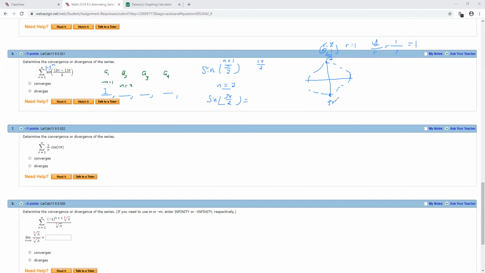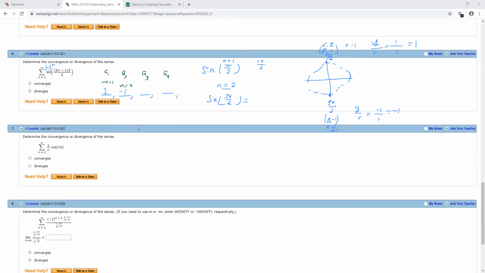Or you can put it in your calculator. This point is 0, -1, x comma y. So sine is y over r again. R is 1. What's y at this angle position, 3 pi over 2? What's this y value right here? -1. So -1 over 1 is -1. So that's right here.